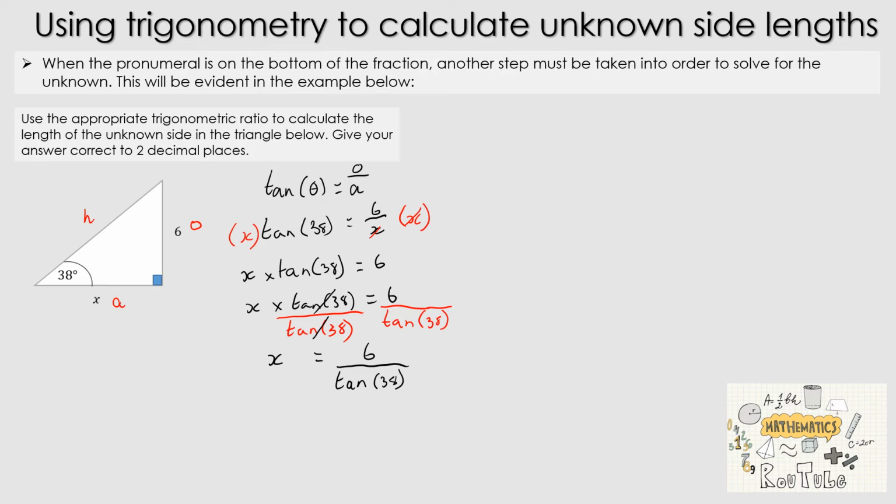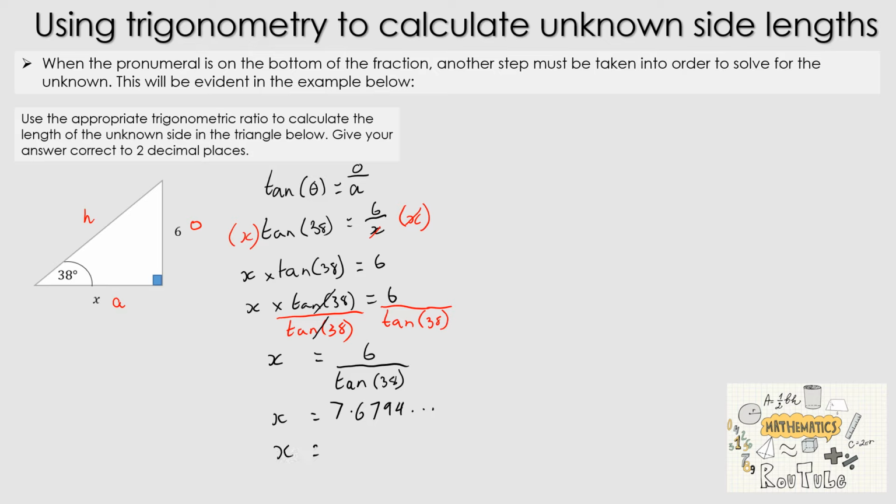Now this is a manual way to do it. Remember, if you've got your CAS, you can just use nsolve, which we'll get to in a second. So you've got your scientific calculator. We can just do 6 divided by tan 38, and that should give us an answer of 7.6794 and so on.